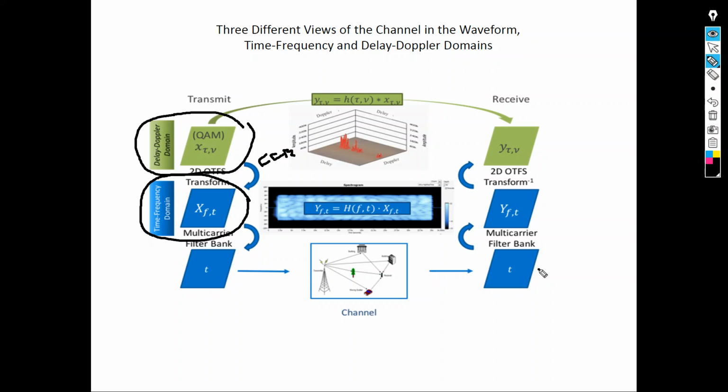And then at the receiver, you take the received symbols one by one, you put them on top of each other until you build a matrix like this, and then you take the inverse Fourier transform to get the symbols in the delay Doppler domain. Then you do the equalization here in the delay Doppler domain, or sometimes the equalization can be done in the time frequency domain before the delay Doppler, because it's much easier to do it there.